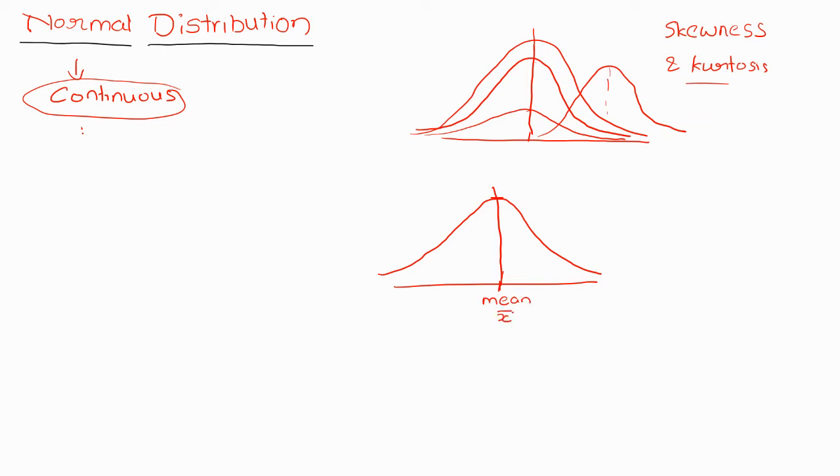It is x bar for a sample, or for the population it will be mu. Now see, what is assumed is the area covered by this curve. This curve is not touching this line, but it is going very close to it.